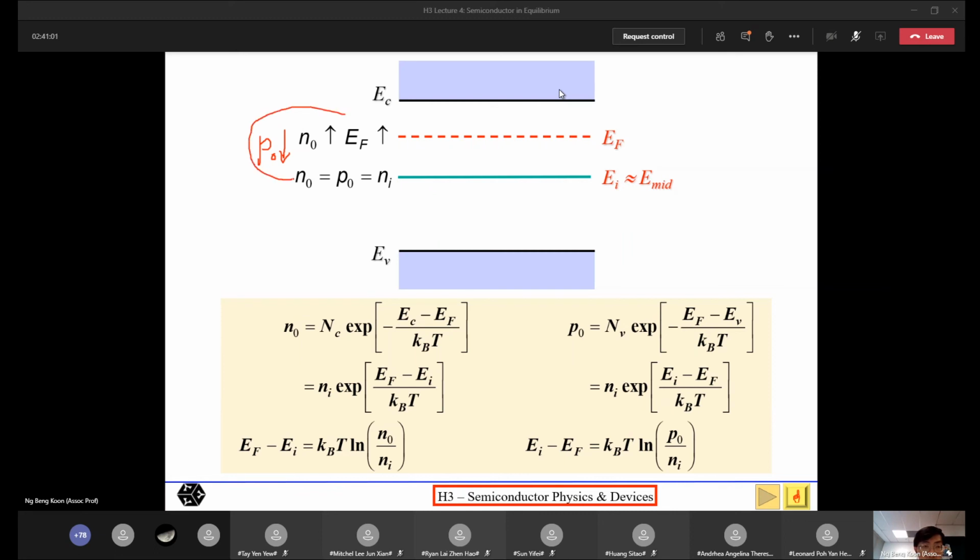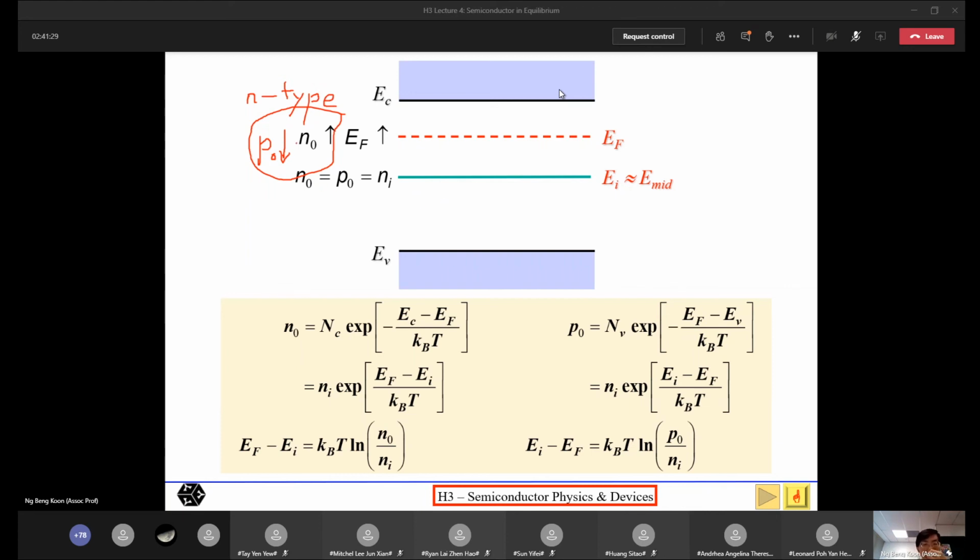Looking at this, what can you say about this type of semiconductor? Your N0 is large, P0 is small. What do you call this type of semiconductor? You have more electrons and fewer holes. This in fact refers to N-type. N-type, yes, thank you. So this is referring to an N-type semiconductor.